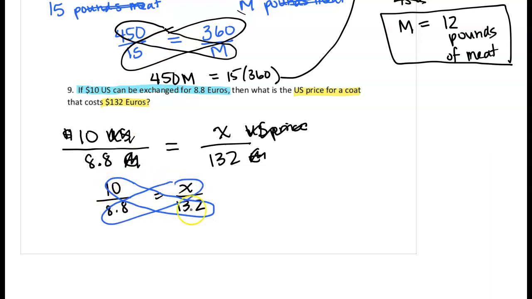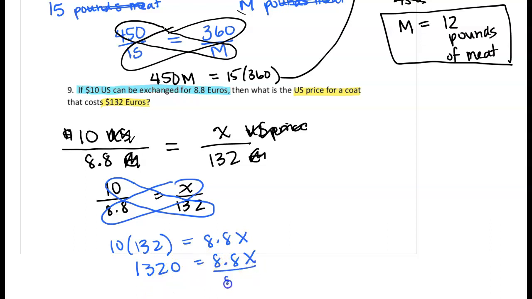One cross product would be 10 times 132, and the other one would be 8.8 times x. 10 times 132 would be 1,320, and on the right-hand side, 8.8x.